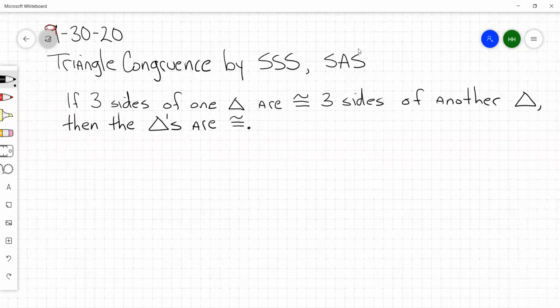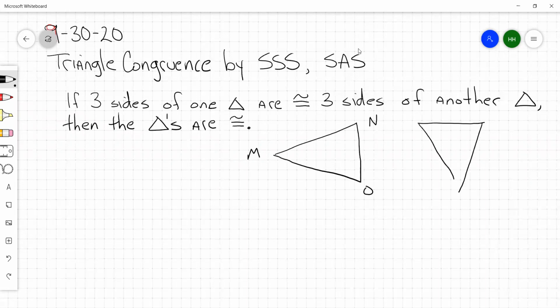triangles are congruent. So if you have this picture, and you had triangle MNO, and next to it you had triangle EFG. And you had this. And you are asked, are the triangles congruent?